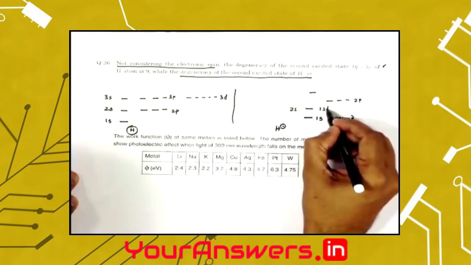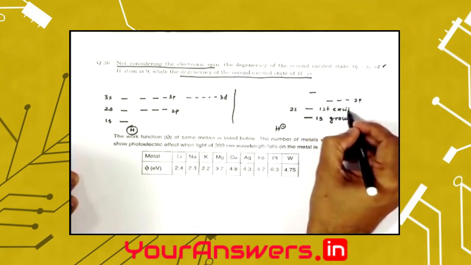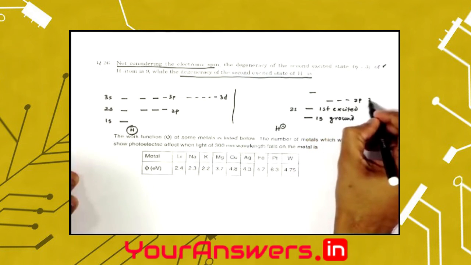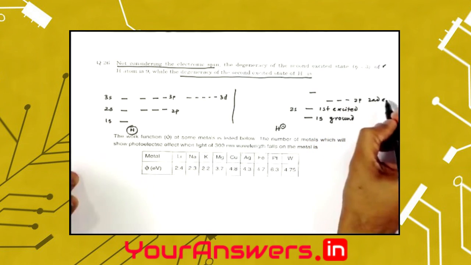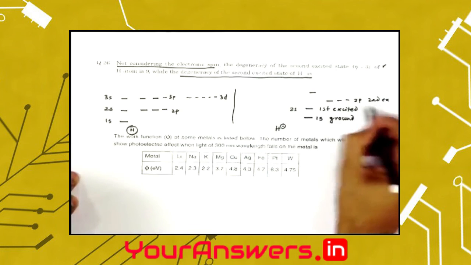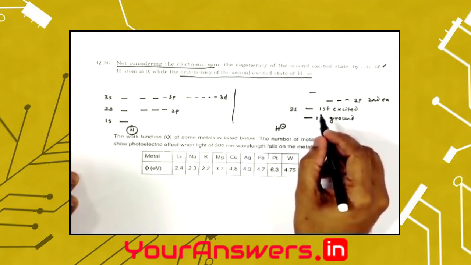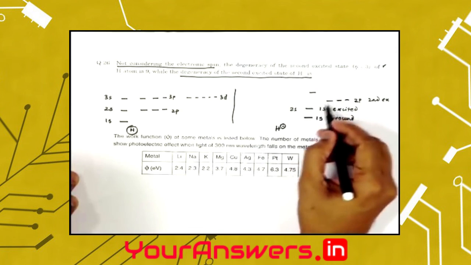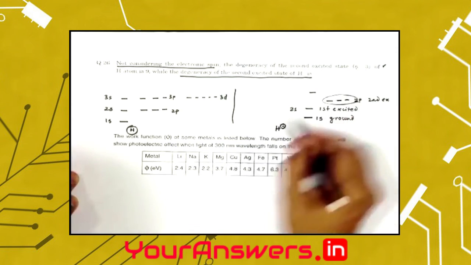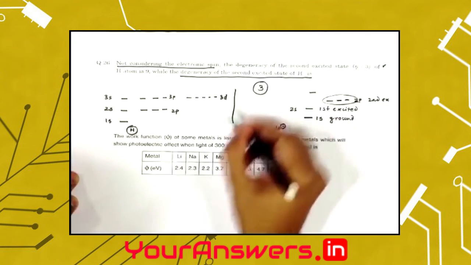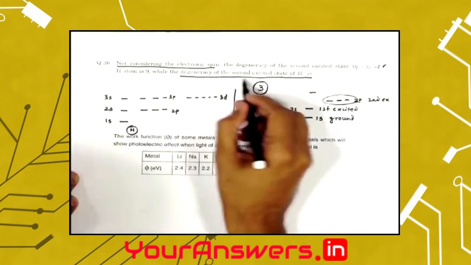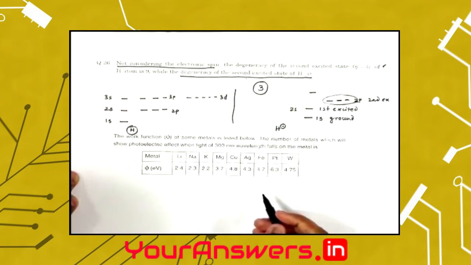This is the first excited state, and this is the second excited state. And the second excited state is essentially 2p. And how many orbitals are there in this case? The degeneracy is 3. The final answer is 3. The degeneracy of the second excited state of H minus is 3.